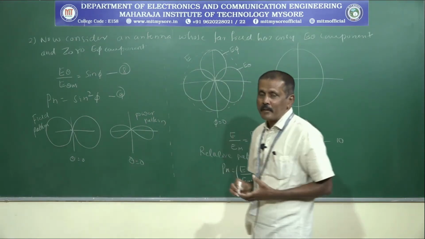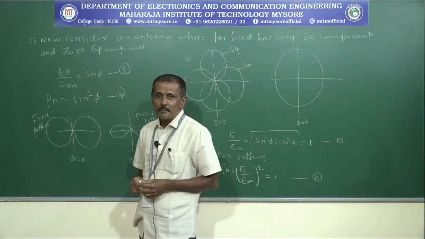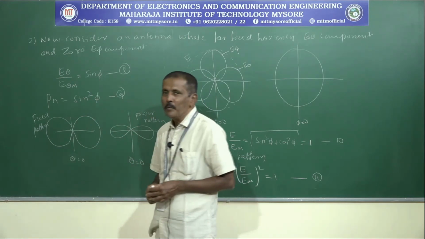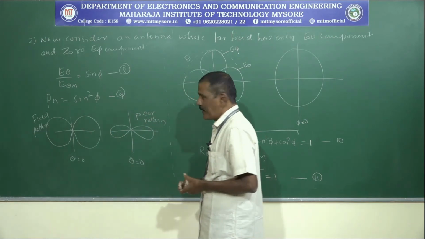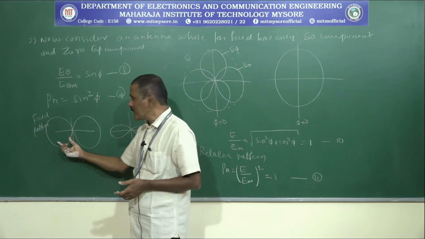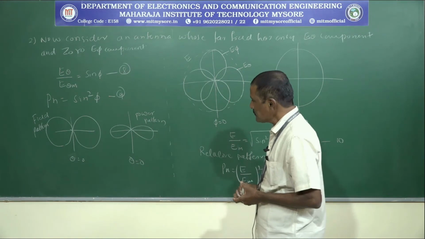It means that the E phi component is not present. Then as usual in the previous case, E theta by E theta m, we can write it as sin phi. Then the normalized power will be equal to sin square phi. Now for this particular case, the field pattern looks like this and the power pattern looks like this.